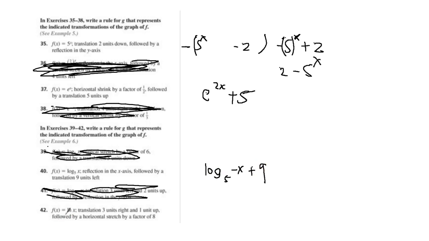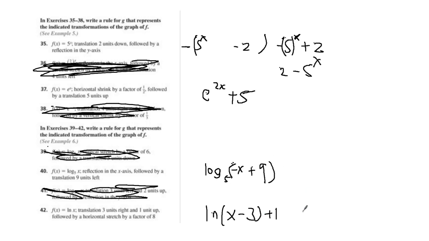Right, next is ln of x, translation 3 units to the right and 1 unit up. So ln, 3 units to the right. Actually, wait, let me do this first, because it's supposed to be in the parentheses. There you go, 3 units to the right. So x minus 3, right? And 1 unit up, so plus 1, followed by a horizontal stretch by a factor of 8.